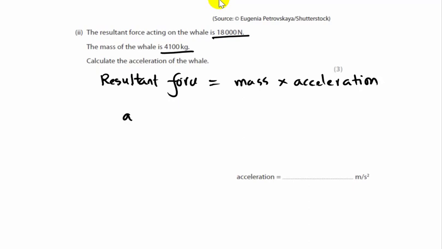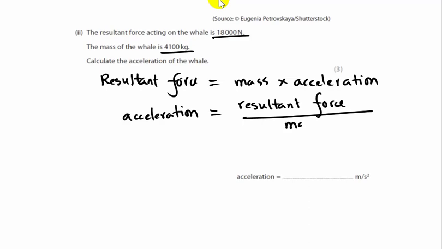So acceleration equals resultant force divided by mass. Here resultant force is 18,000 divided by 4100.